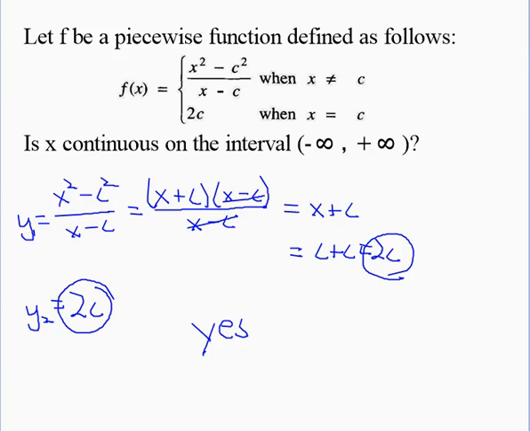And what ends up happening is the first one is really just a line with a hole in it at c. And then the other, so this is c, this other part actually just fills in this hole. So that's from this part here.